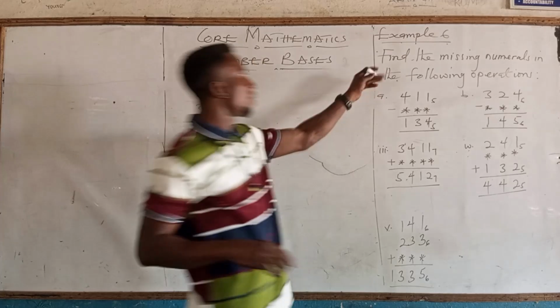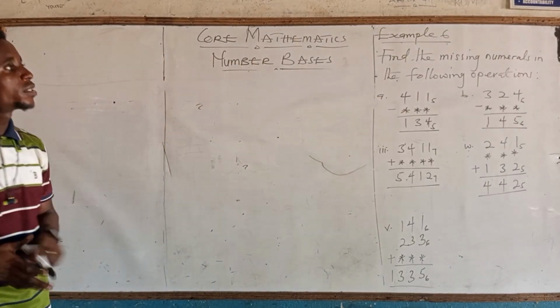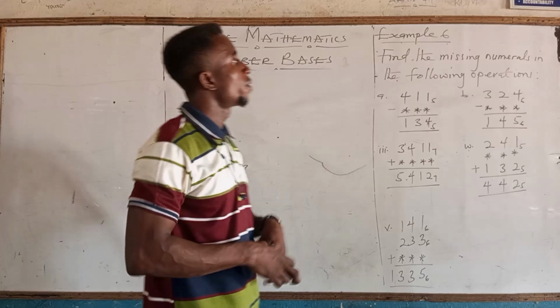Okay, so this is example number 6. And here we are finding what? Missing numerals from the following operations.